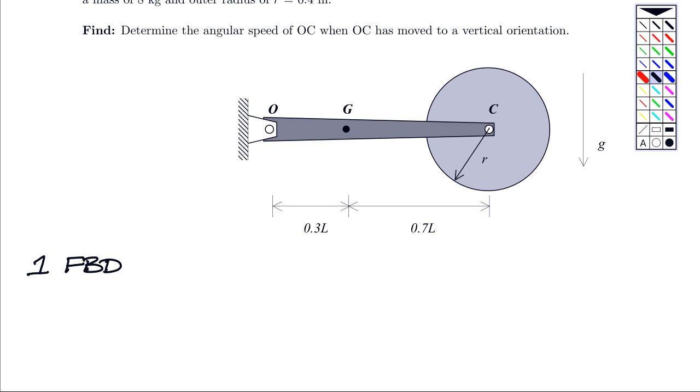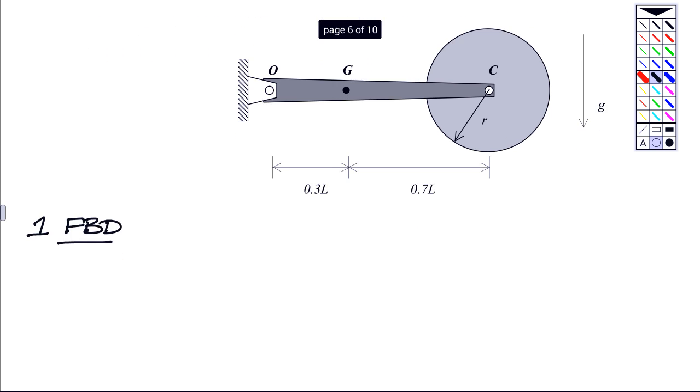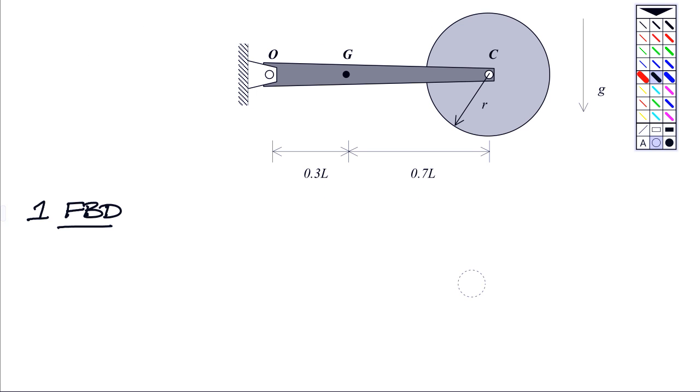The work energy equation says that for the most part we want to be making the system as large as we can. So I'm going to draw a free body diagram of the whole system. That's going to be the disc and the bar together.